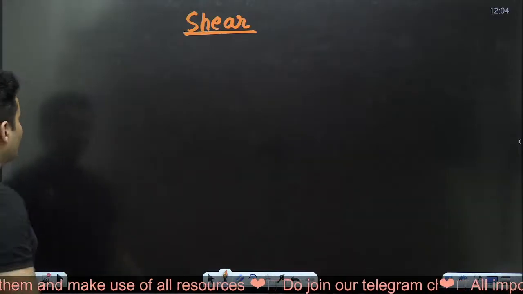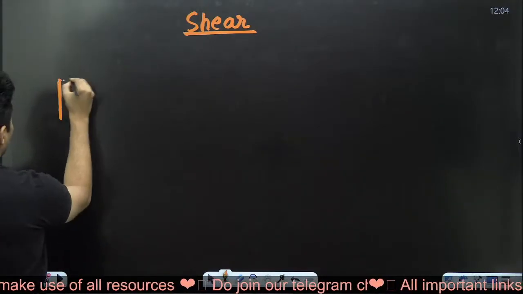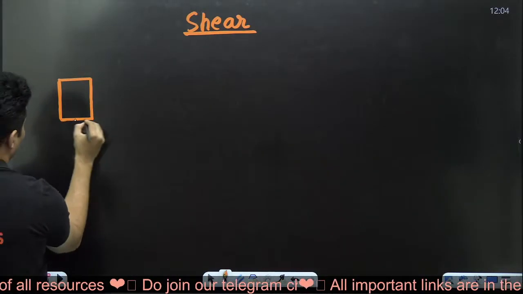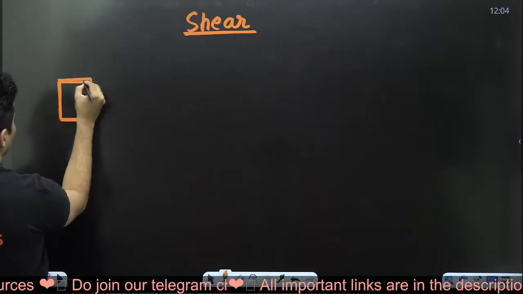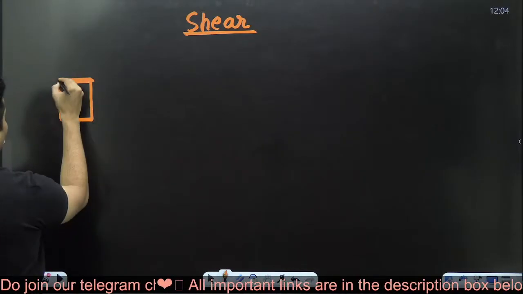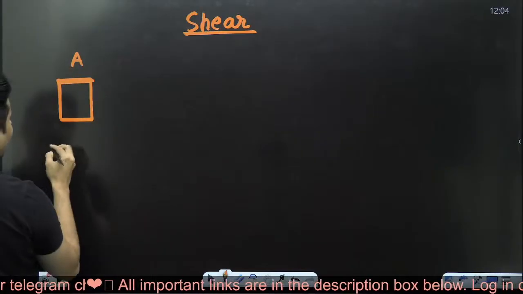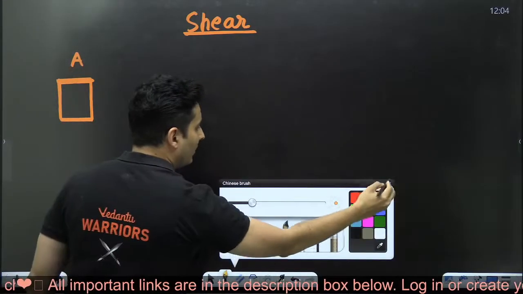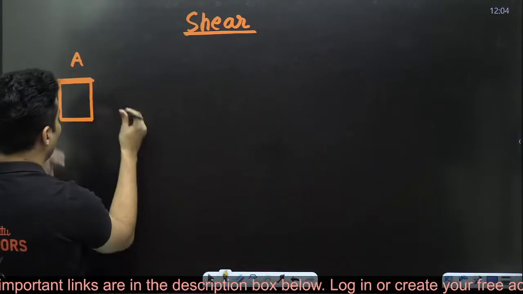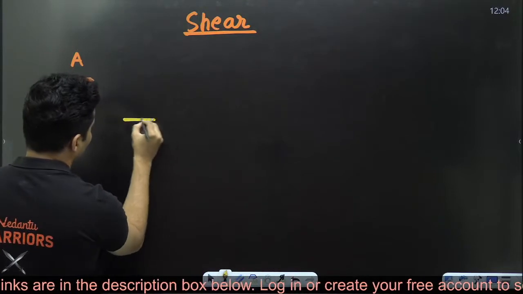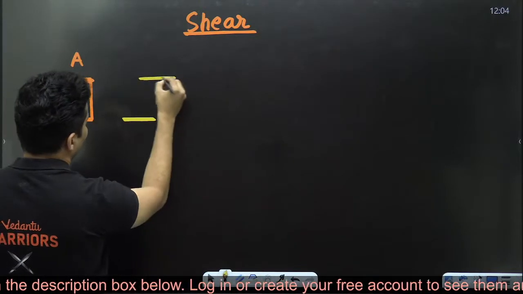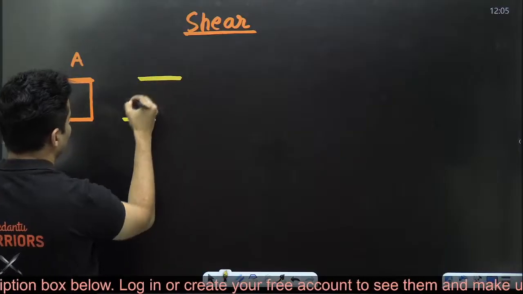So for shear, what we do is we show two surfaces. This is one surface here. This is another surface over here. They have an area A. Then we deform it in the sense those two faces would have now slid with respect to each other.